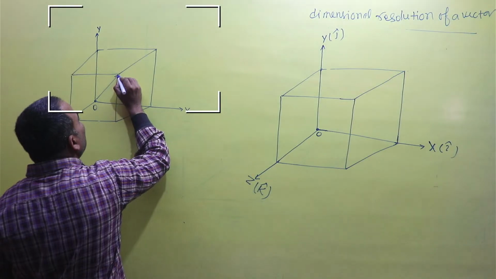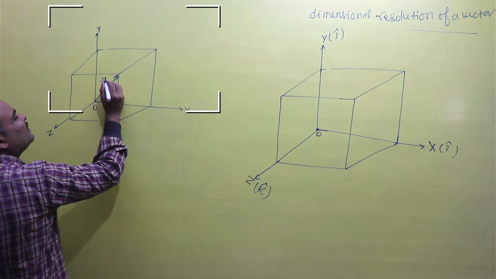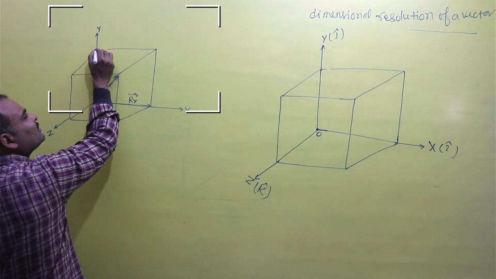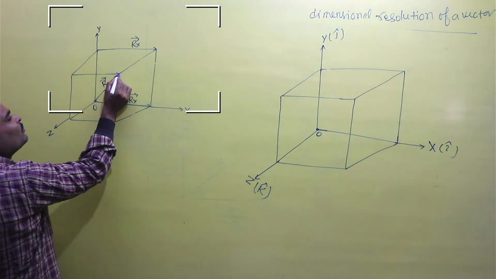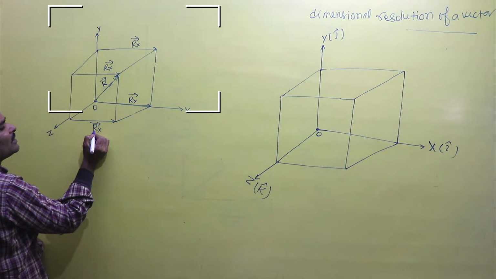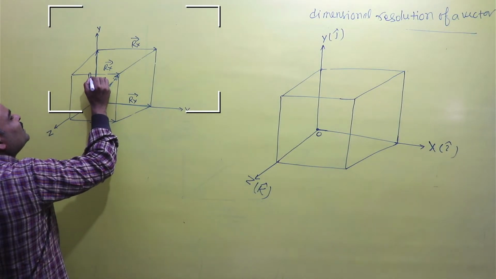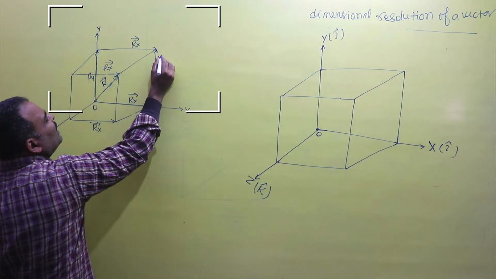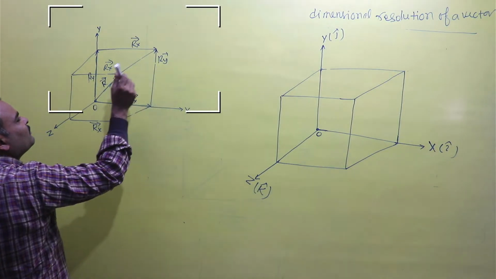If the vector is r, then its x component will be rx. And in the same direction the component will be rx. Again the same component will be equal to rx. And the component is this called ry from O, and this also called ry. If we take the opposite direction, then it will be minus ry.